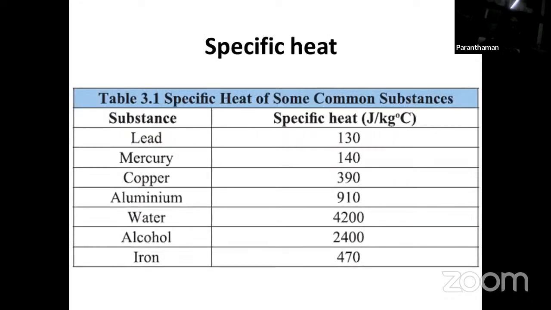Specific heat is the heat we have to give to raise the substance through 1 degree centigrade.